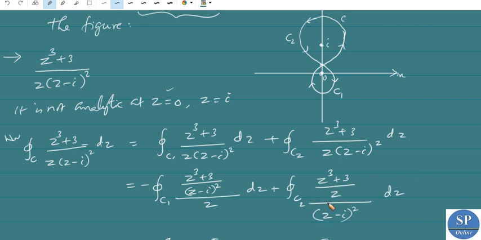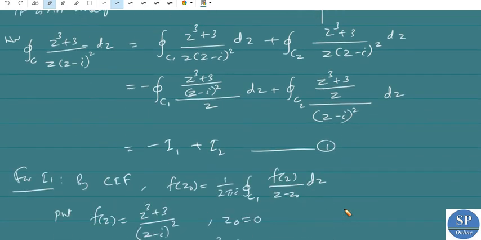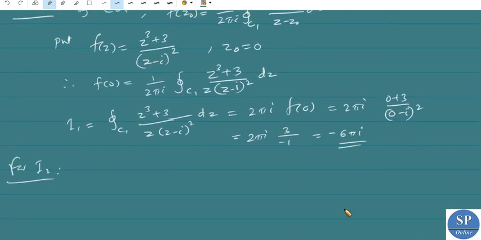In this case we can choose f of z as (z cube plus 3) divided by z, and z naught as i, and we can use Cauchy's integral formula for derivatives, because here we have (z minus i) whole square, right? So we need to find this.